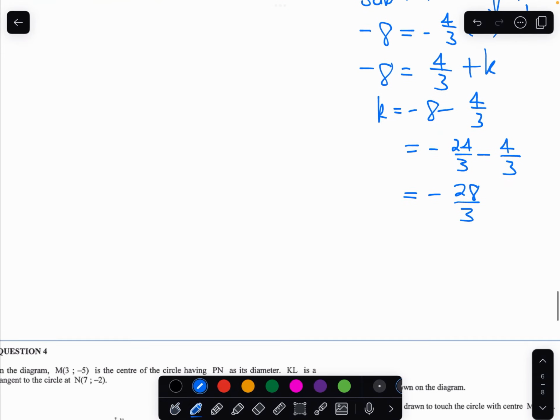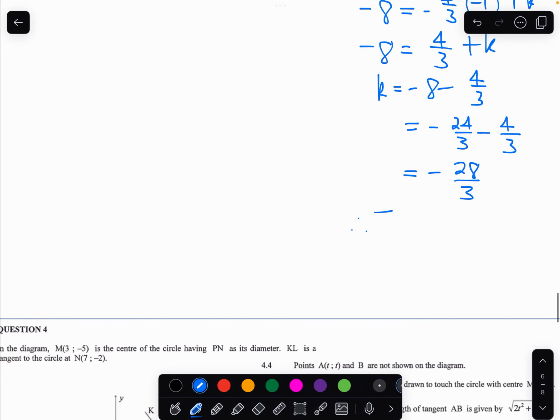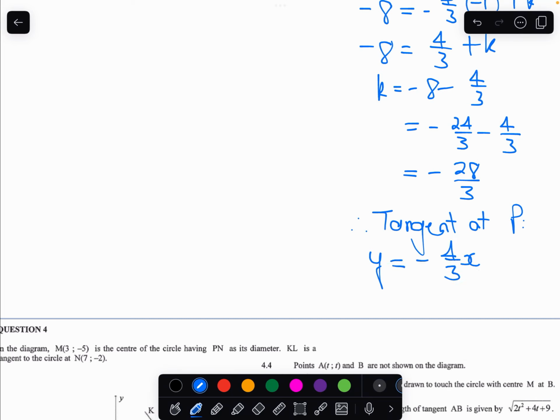So the tangent at P has the equation y is equal to -4 over 3x minus 28 over 3.